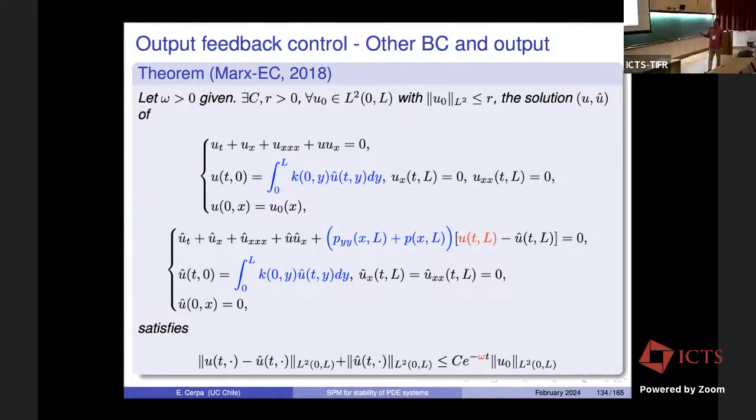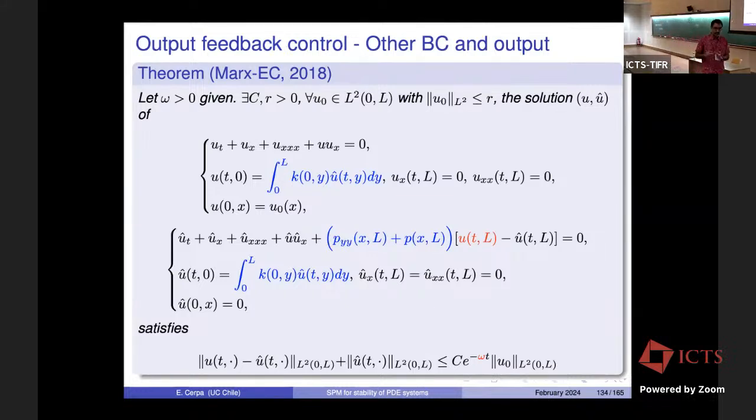And so now, the quantity U at x equal to L is free to measure. It's not part of the boundary conditions, okay? And so we measure U, and we build this observer depending on U at x equal to L, and we are able to prove the same result as before for the linear system and for the nonlinear system, adding, of course, a smallness condition on the initial data, okay?